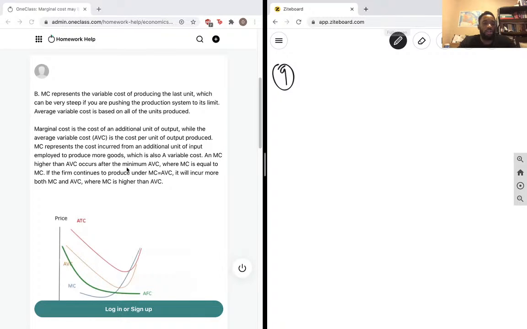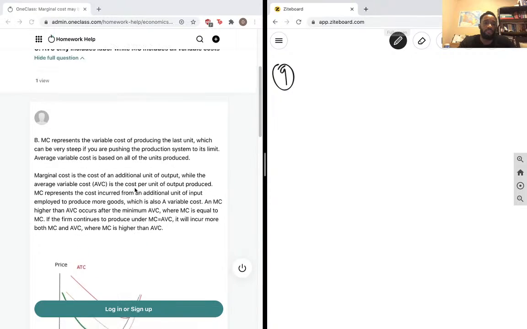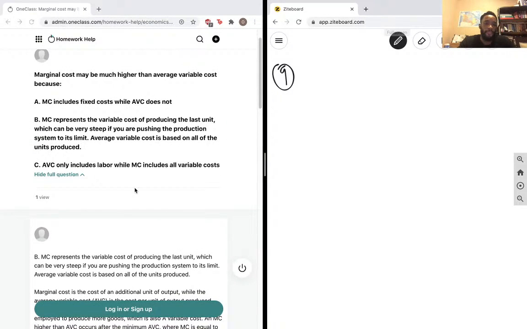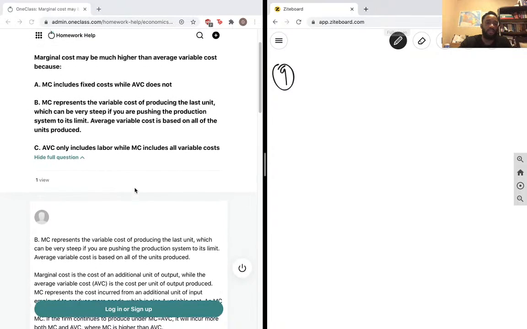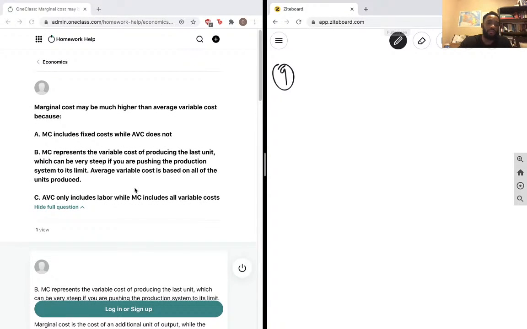Marginal cost higher than average variable cost occurs after the minimum average variable cost, where marginal cost is equal to average variable cost. If the firm continues to produce beyond that point, it will incur more cost, where marginal cost is higher than average variable cost. So basically I do agree that B is the correct answer.